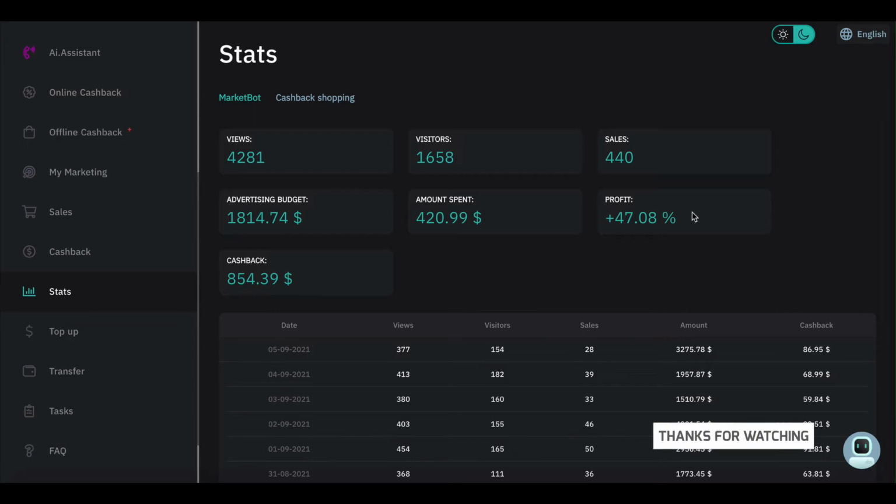Whatever profit or cash back you get at the end of the month, you're taking 25% of your profit into your bank, and then 75% of the profit back into reinvesting. So that you are taking money out and reinvesting at the same time, because you want to get that nice balance.